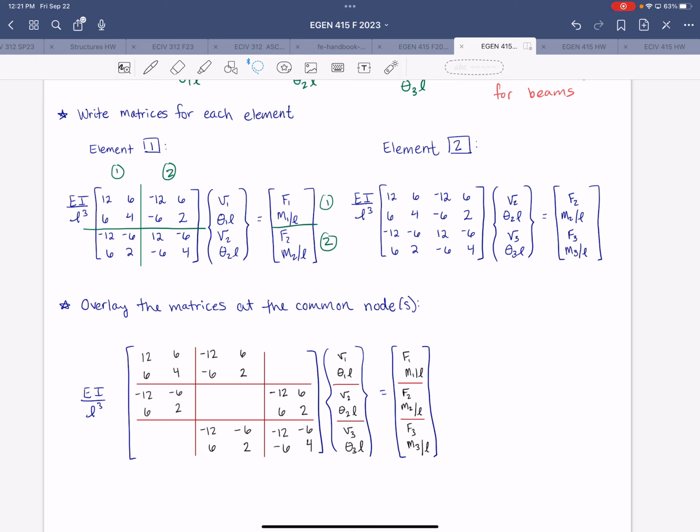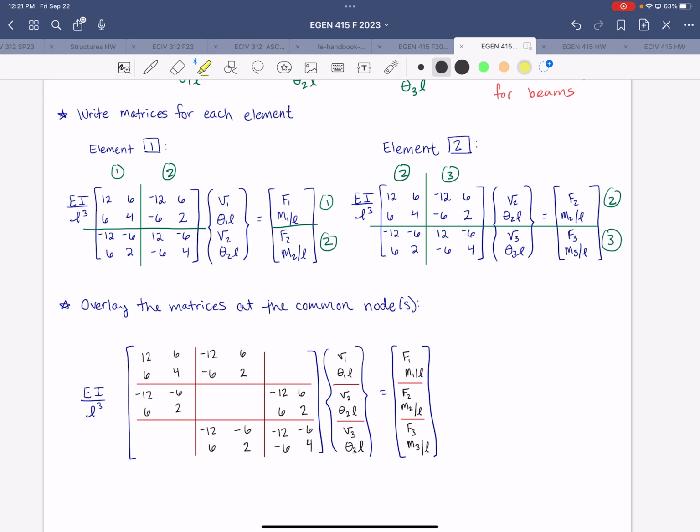So you can split it up like this. Similarly, for element 2, we have node 2, node 3, dividing up the columns, and then also 2 and 3 for the rows.